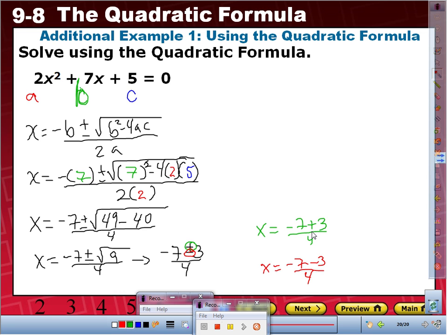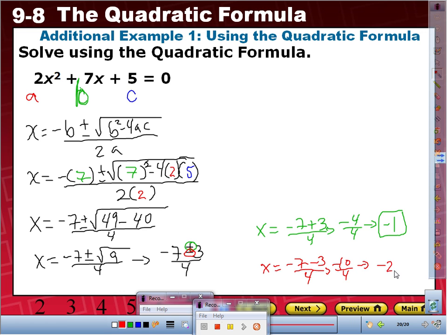Okay, let's simplify that. This becomes negative 4 over 4, which becomes what? Negative 1. Look at this one. This is negative 10 over 4, which becomes what?